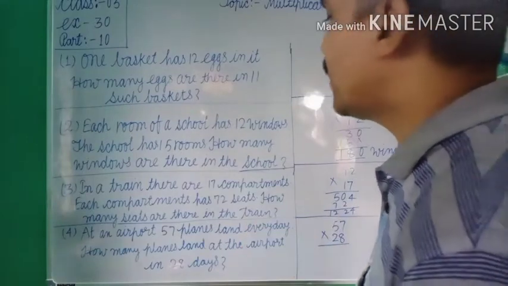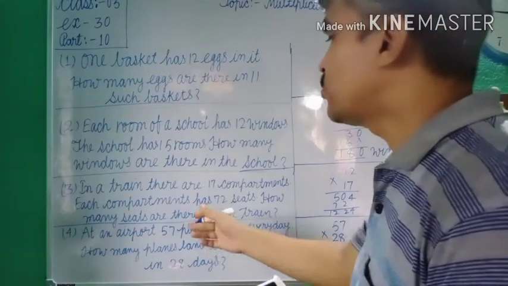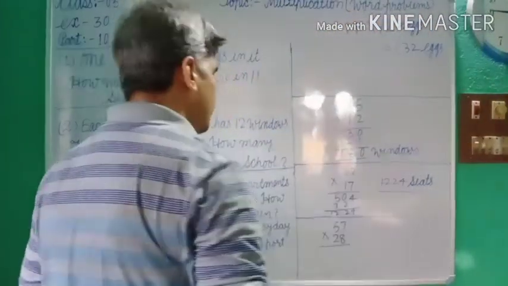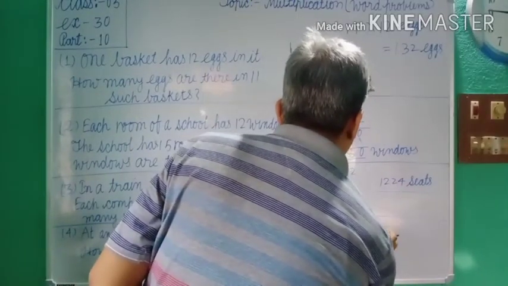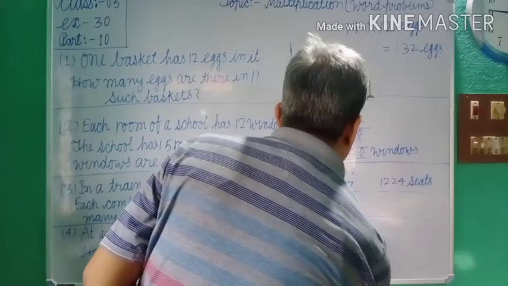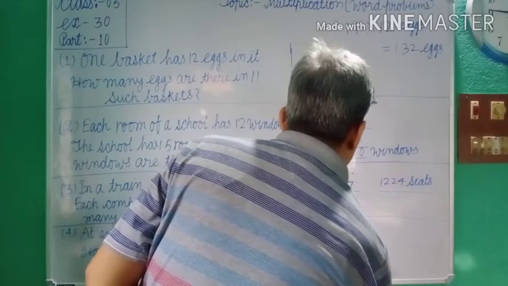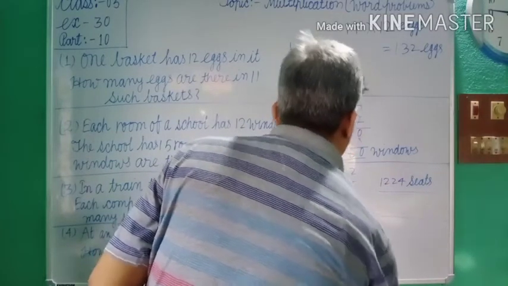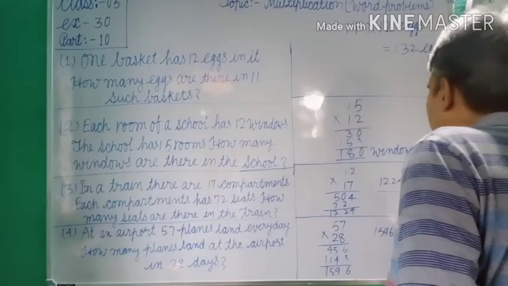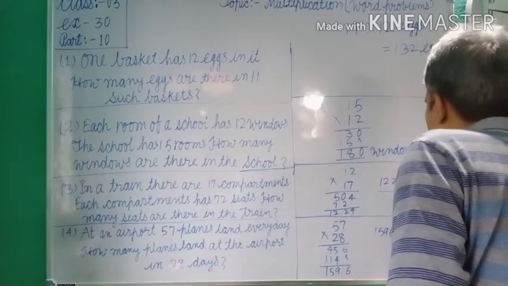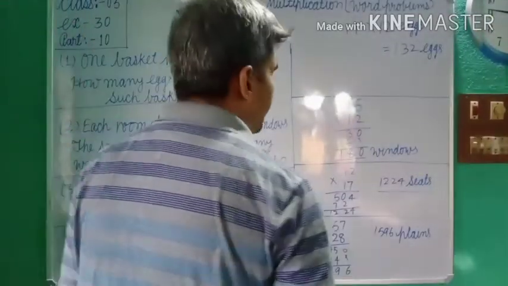When you add 28 times you find the answer, but here you multiply, because this is the multiplication chapter, not the addition chapter. The answer is 1596 planes land at the airport in 28 days.